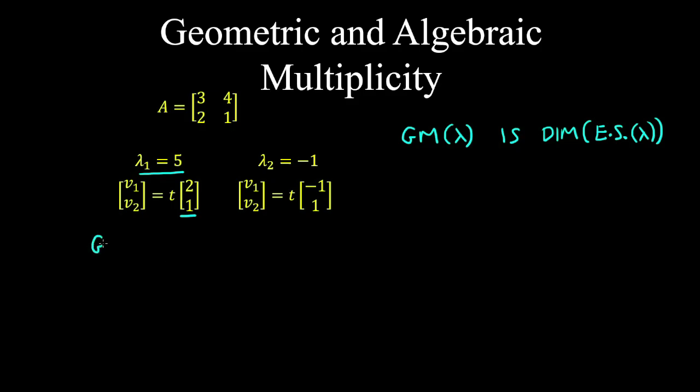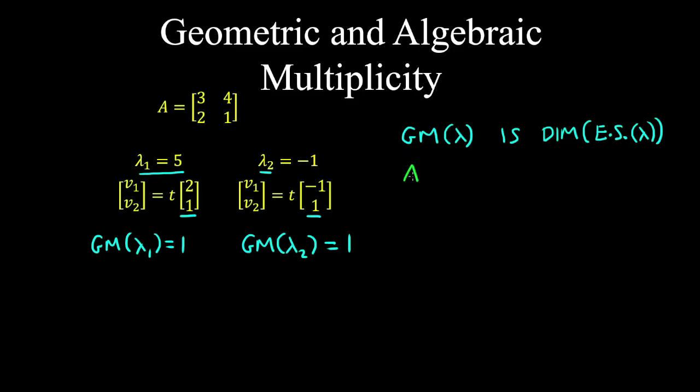So therefore the geometric multiplicity of lambda 1 is equal to 1. And similarly, the eigenspace corresponding to lambda 2 also has a dimension of 1. So the geometric multiplicity of lambda 2 is also 1.